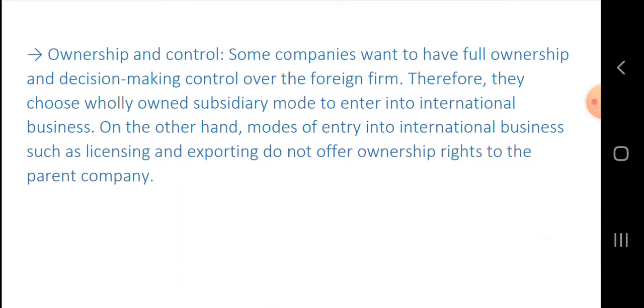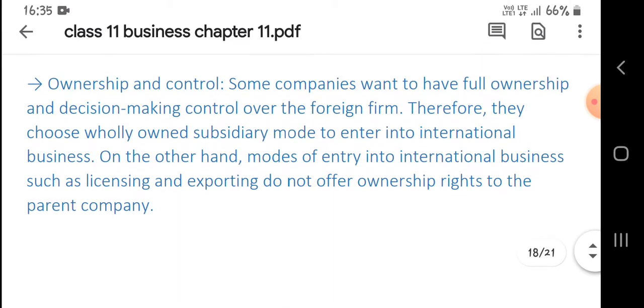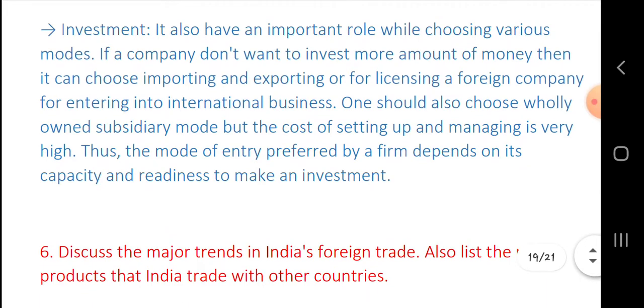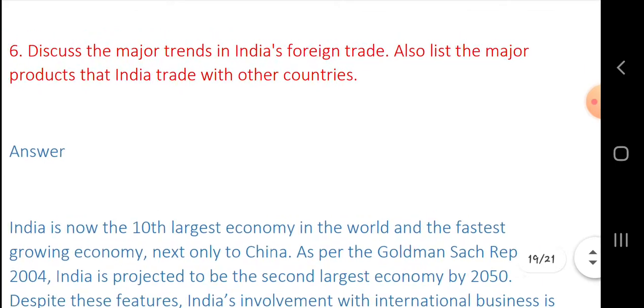If you want full ownership and decision-making control over the foreign firm and investment, that also plays an important role in choosing the mode. If a company doesn't want to invest a large amount of money, it can choose importing and exporting, or licensing a foreign company, for entering into international business.